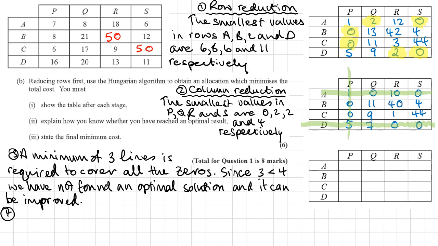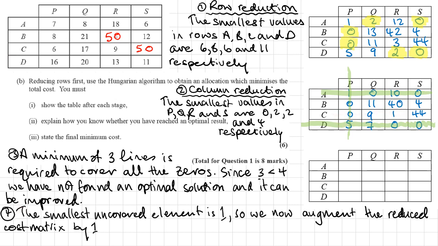Now, the first thing we do is look for the smallest uncovered element, and that is 1. So we now augment the reduced cost matrix by 1. So first of all, we start by any element which is covered by 2 lines, we increase by 1. So that means the allocation of A and P gets increased by 1, and D and P gets increased by 1 to 6.